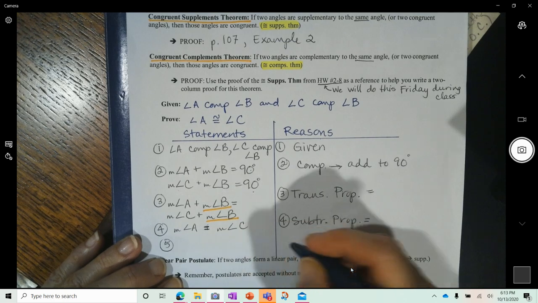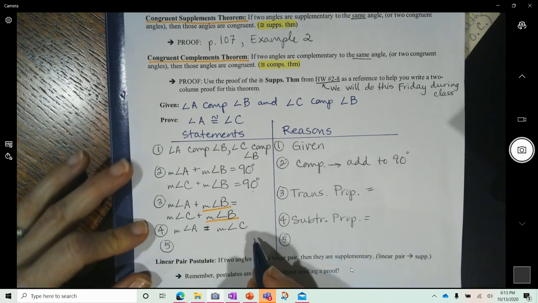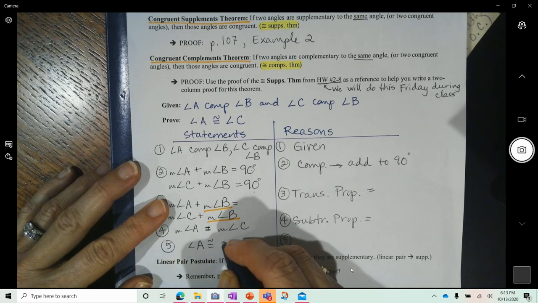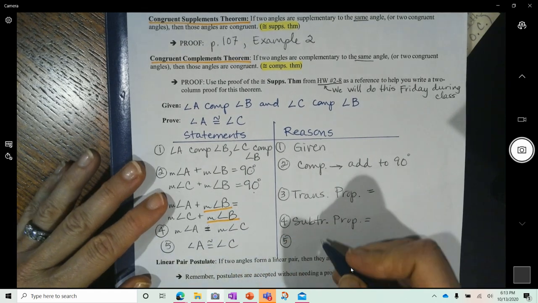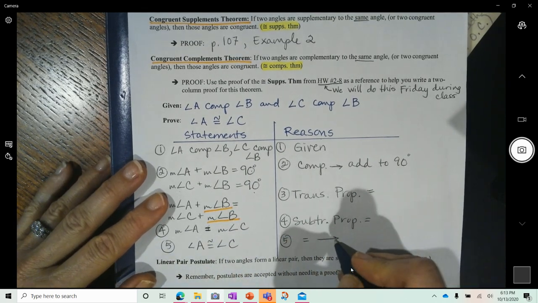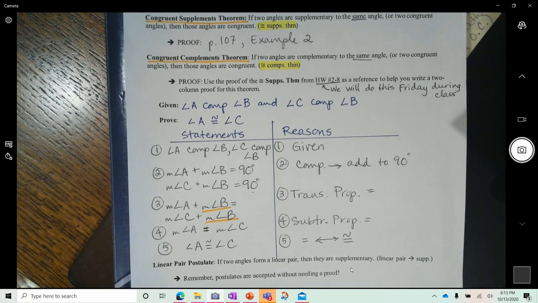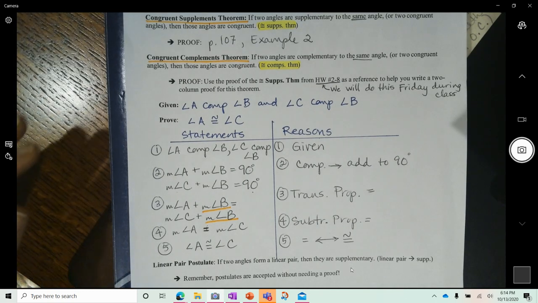And finally, our last step, if the measurements are equal, then I can say that the shape of the angles are also congruent. And so the way we've been writing that is if and only if it's congruent. I'm just going to keep trucking along here, so that these notes won't take you too long.